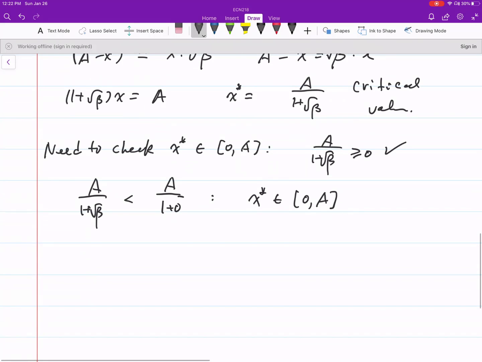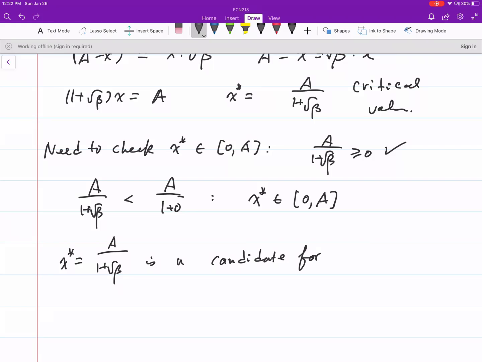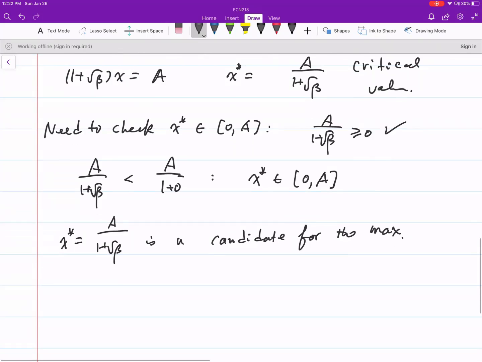So now, this is a candidate for the maximum. So x star equal to a over 1 plus root beta is a candidate for the maximum, right? And how can we be sure it's the maximum?